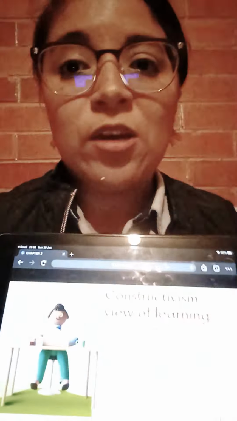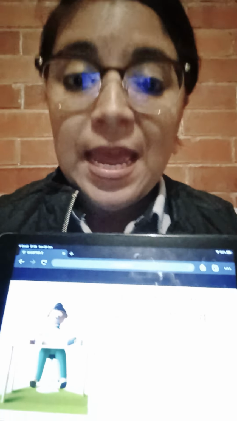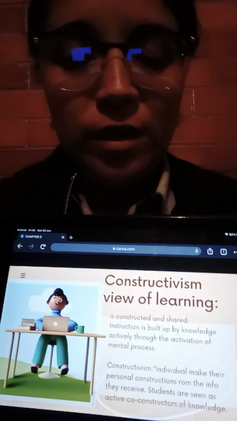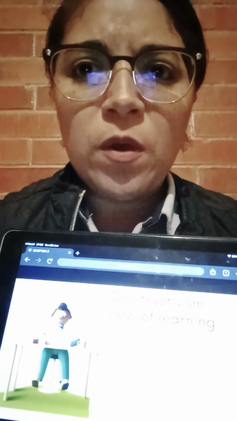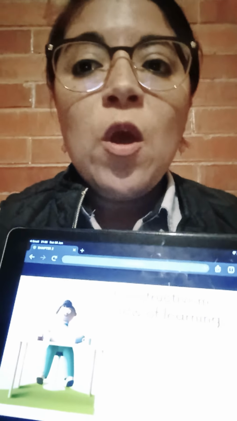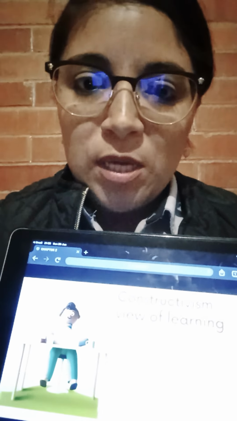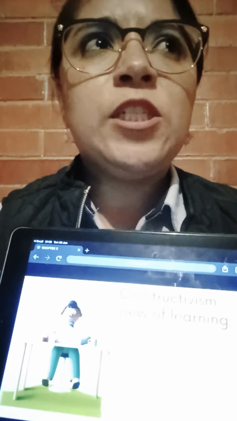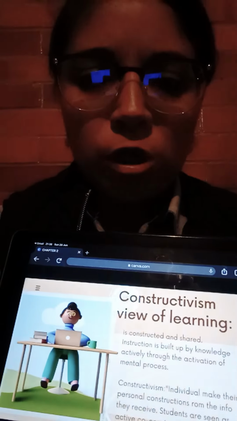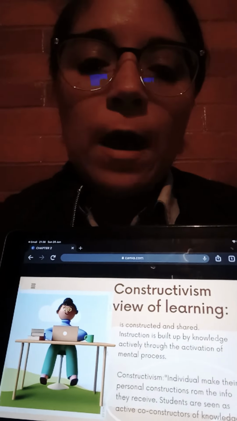As you can see, constructivism is constructed and also is shared. Instruction is built up by knowledge actively through the activation of mental processes. Constructivism is individuals make their own construction, their personal constructions with the information that they receive.